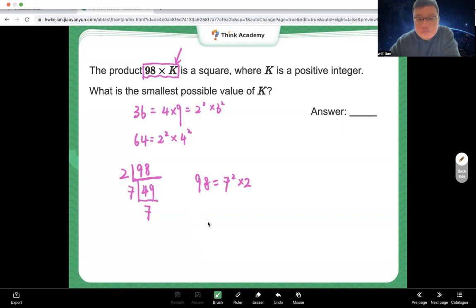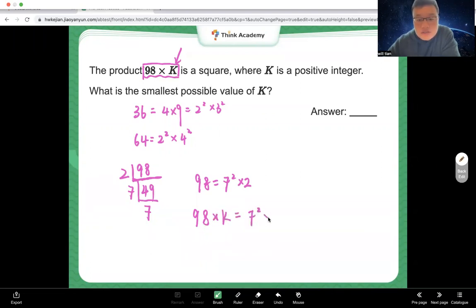Yes, Olivia? Yeah, so 98, right? So 98 equals 7 squared times 2. And if you want to get a square number, you just make sure this 2 will be converted into 2 squared. So times by K, you want to get a square number.